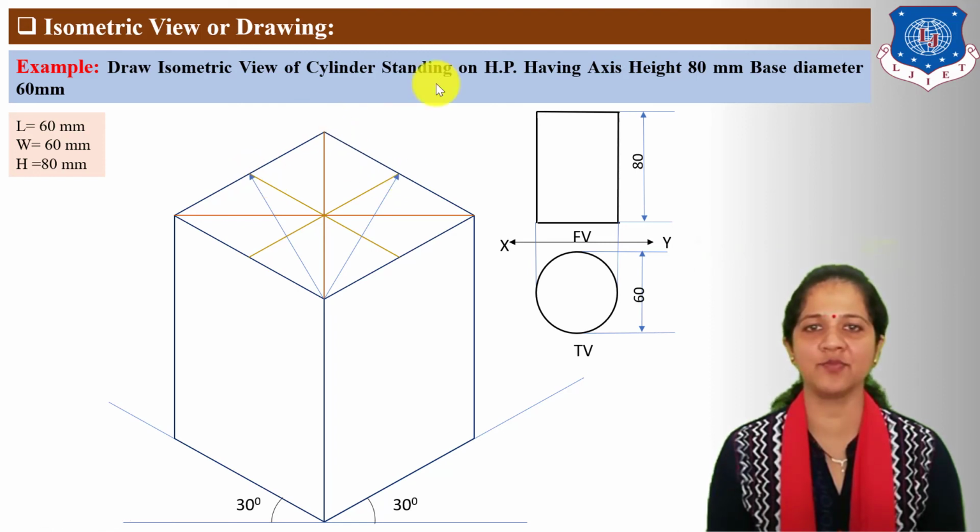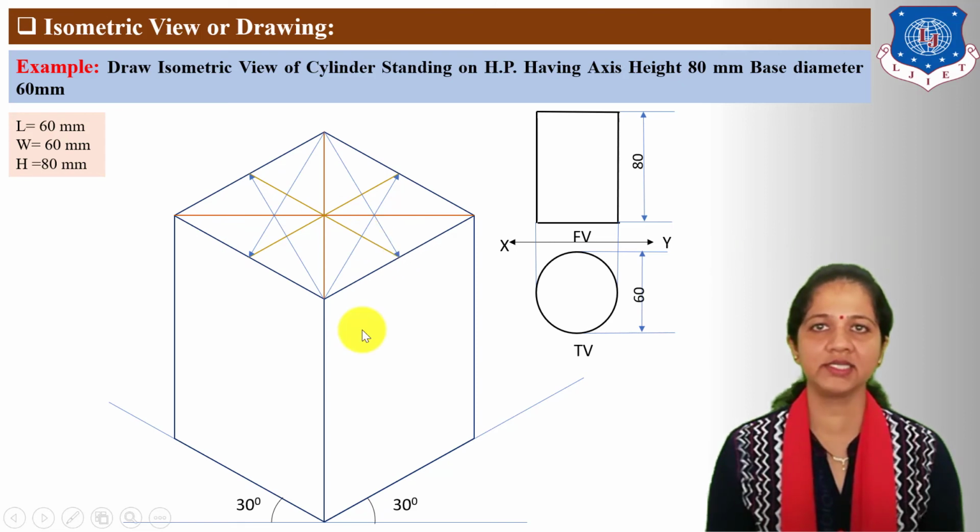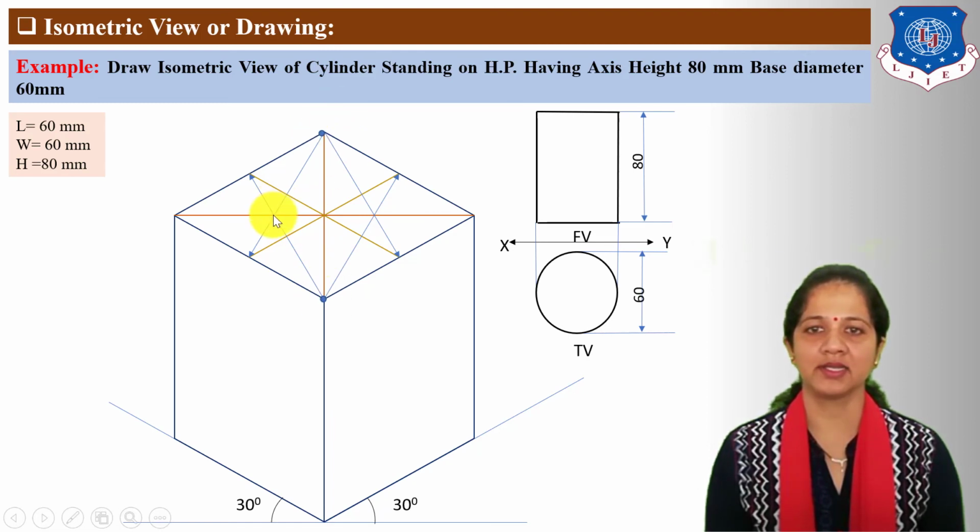Similarly, from this end point of the smaller diagonal, connect the remaining end points of the two axes. Next, mark the 4 centers, 2 centers on the smaller diagonal and 2 centers on the bigger diagonal, at these intersecting points.